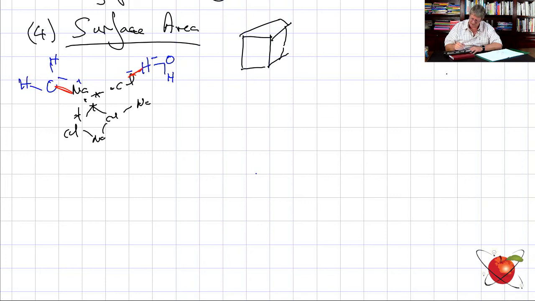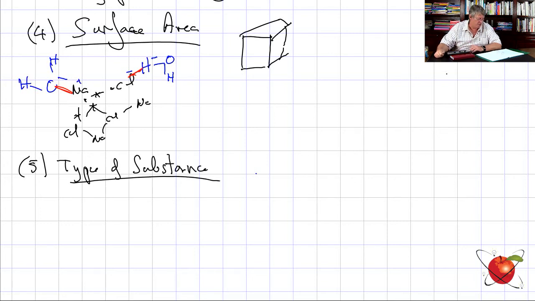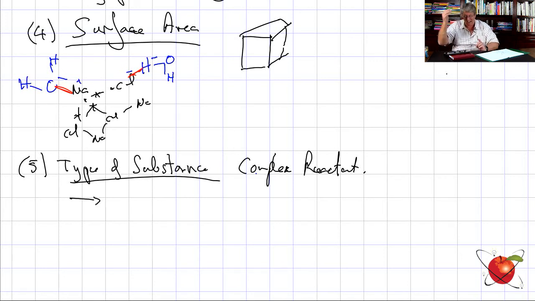The last one, number 5, okay, is the type of substance. That's pretty obvious, okay? The more complex the particle, the longer it takes because more bonds need to be broken. So let's just think, if I've got a complex reactant, we need to create the activated complex.